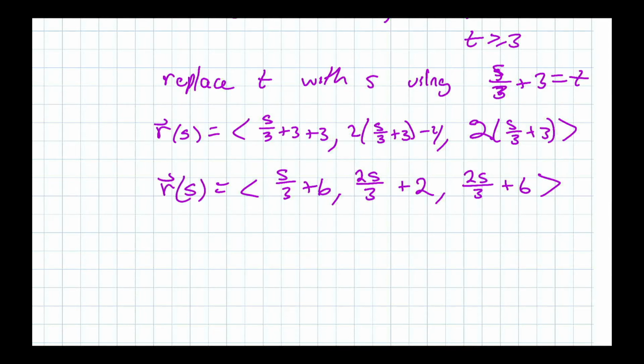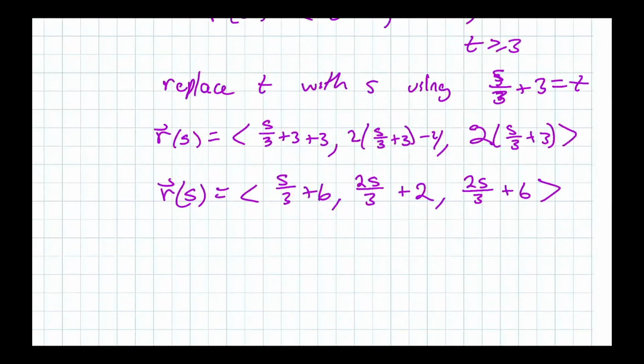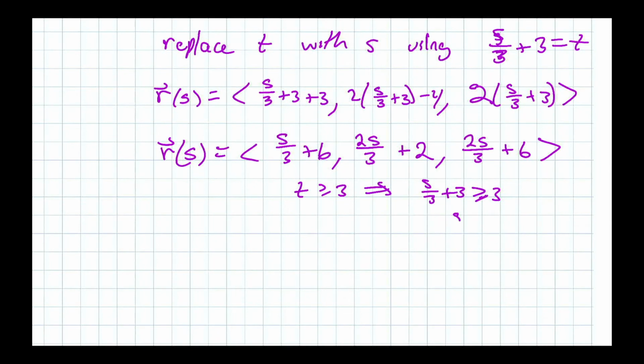Okay. And you can even deal with the t greater than or equal to 3 thing. Because if you put in the t, which is s over 3 plus 3, you have s over 3 plus 3 greater than or equal to 3. Subtract 3 from both sides, you have s over 3 greater than or equal to 0.